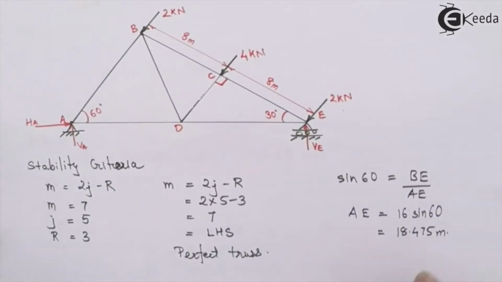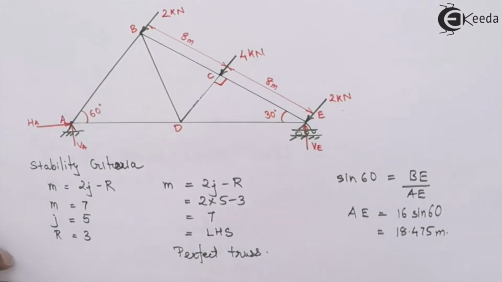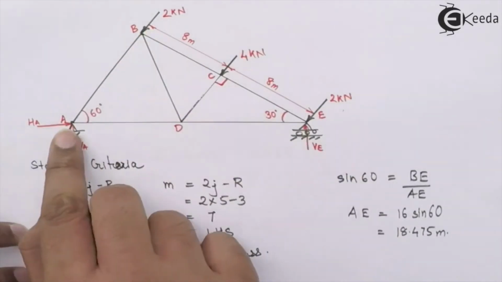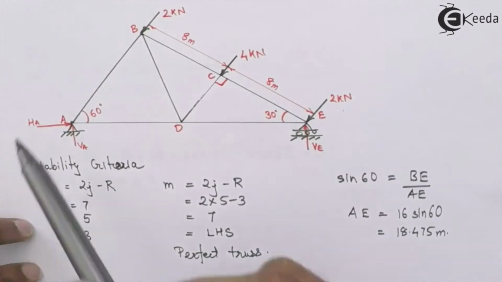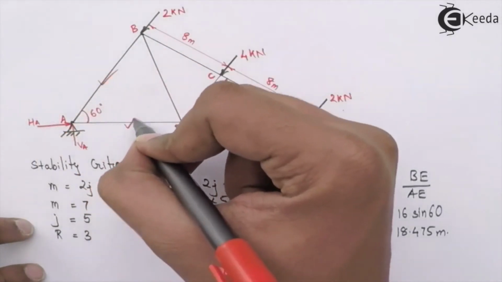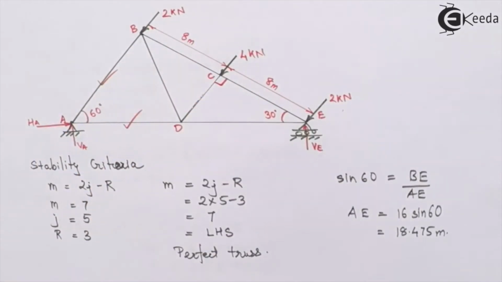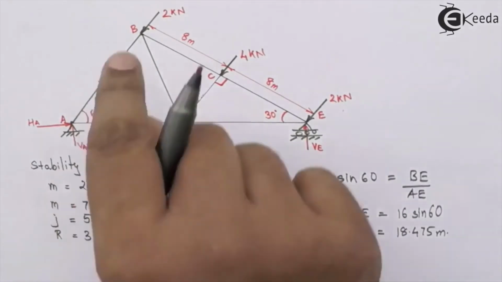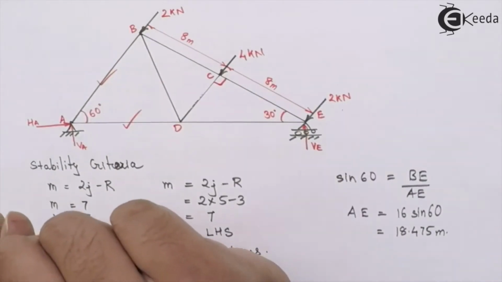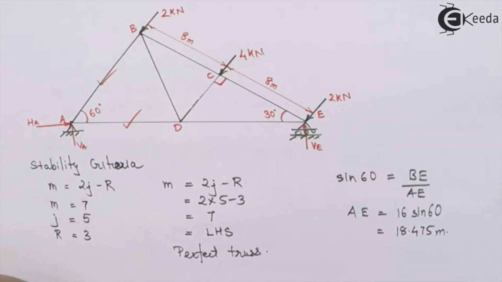Now we can see that we have already calculated the force in member AB and AD. Now, when I move on to the next joint, that is say joint B, what happens in this case? Again, I have two unknown forces, that is force in member BC and force in member BD. I have already calculated the force in member AB. So what I'll do is I'll draw the FBD of joint B.